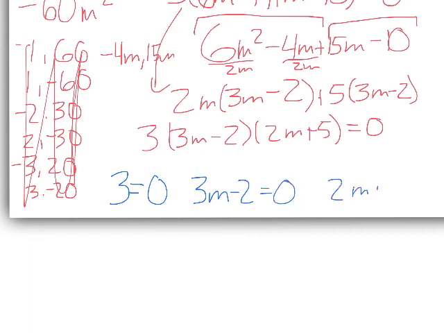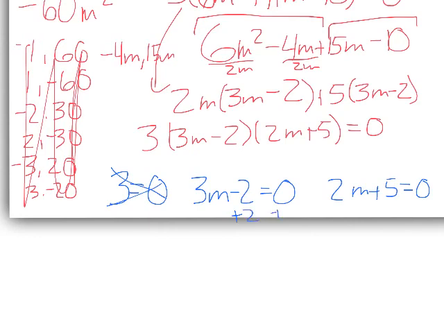And 2m plus 5 is equal to 0. So could 3 equal 0? Ever? No. If it was 3x, that would be a different story, right? But 3 equals 0 will never give me an answer, so I'm done with that. That doesn't give me an answer. I just solved these 2 that I have left.